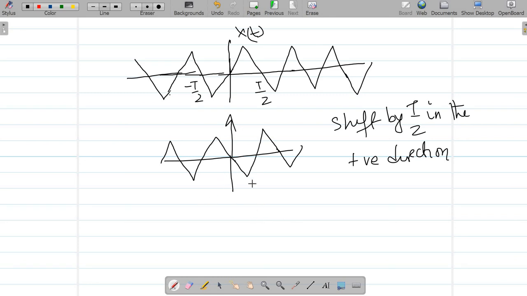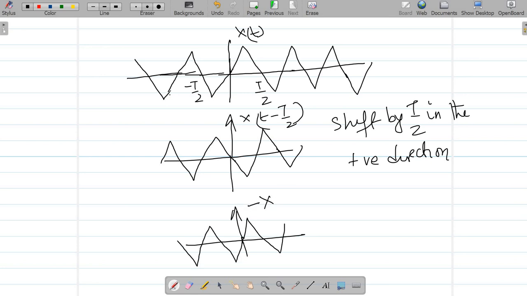Then you will have a wave something like this. So it is x of t minus T by 2. When I flip this along the x-axis, I end up getting negative of x of t minus T by 2, which means x of t is equal to negative of x of t minus T by 2.